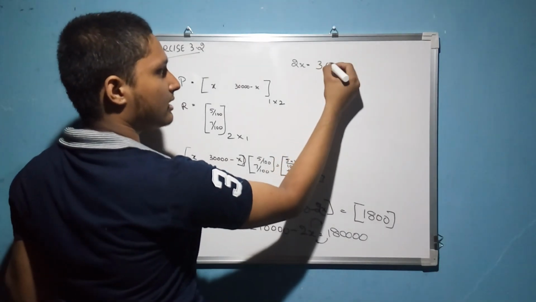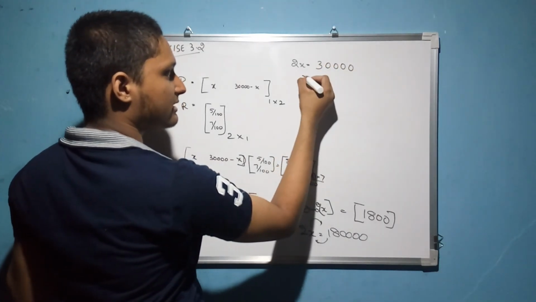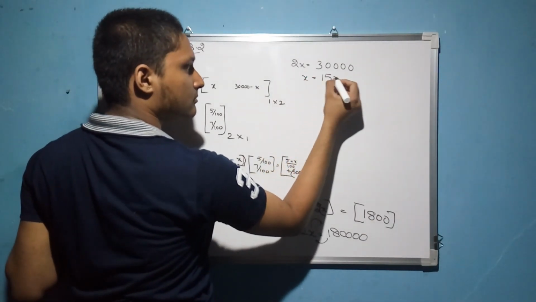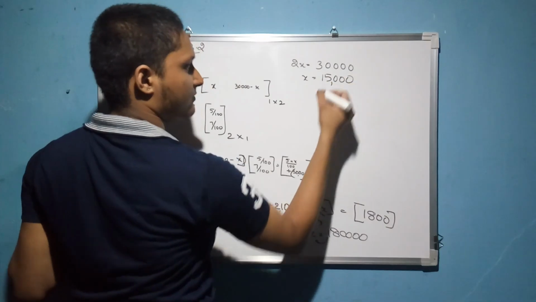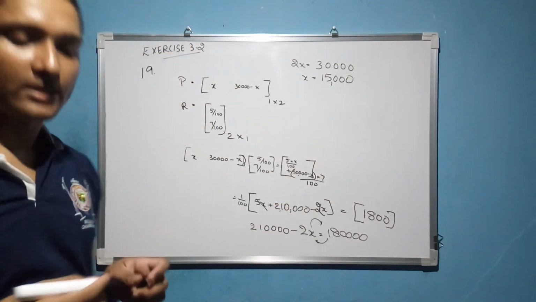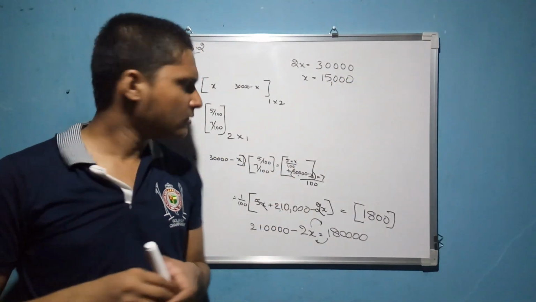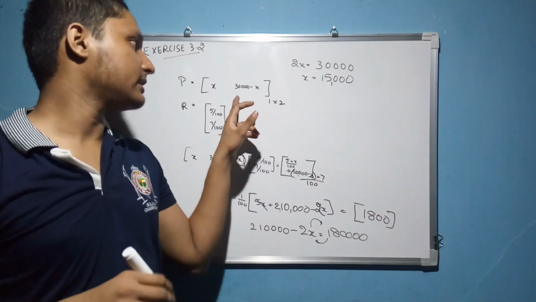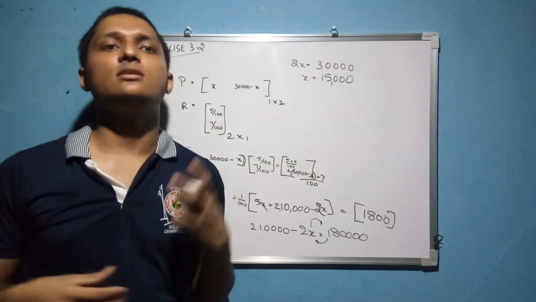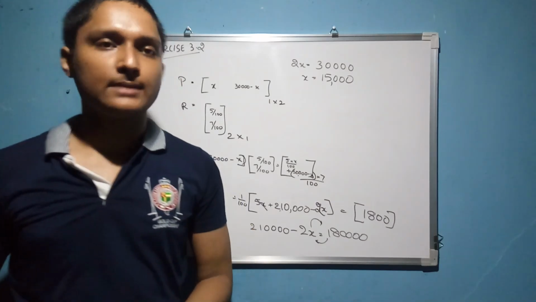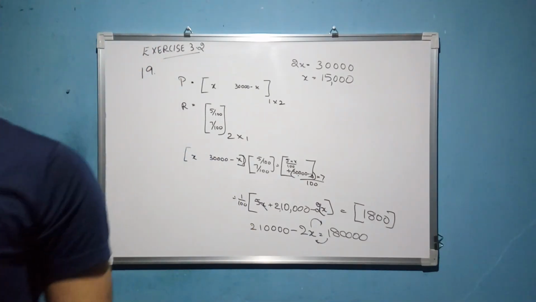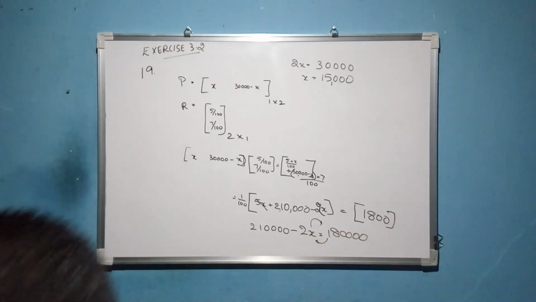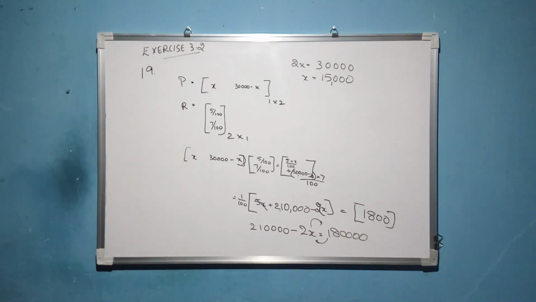So it is going to be 3 followed by 4 zeros. Therefore x is equal to 15,000. Therefore the trust has to fund 15,000 to the first one and the remaining, that is again 15,000, to the second one. Similarly you can do the second part also, where it is given that you need to equate it to 2,000. That is the only difference.